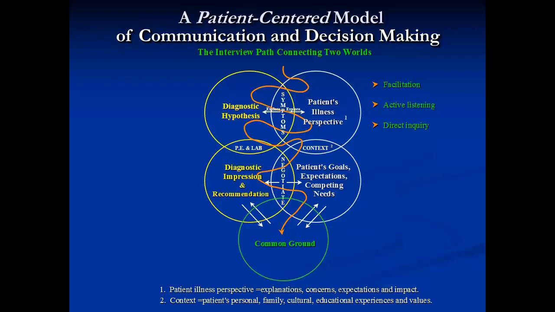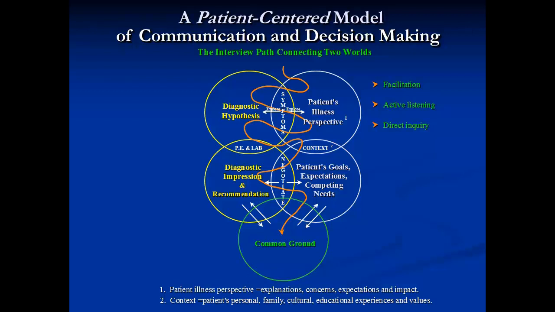As the interview goes on, you begin making an impression or an assessment. But at the same time, what are the patient's expectations? What are their compelling needs? And are you able to reach common ground? There'll be SP scenarios where you want an SP to make a behavior change and they're not willing to do it. So how do you reach common ground in cases like that?